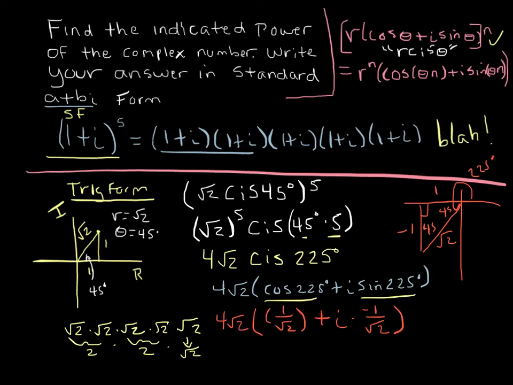And now when I distribute that, 4 root 2 times negative 1 over root 2 is just a negative 4. And 4 root 2 times negative 1 over root 2 is a negative 4. So I write my answer as negative 4i. Oops, did you catch my mistake? Because I just did.